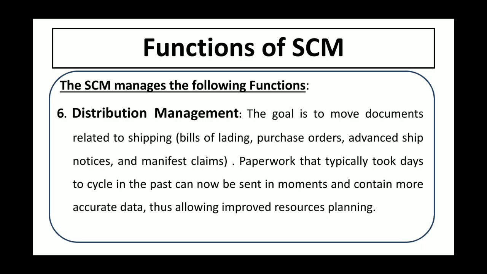Everything will be managed in this distribution management by the supply chain management system. Like from warehouses to the customer, the product has to reach. The transportation strategy, frequency, routes, and contracting, everything will be managed in distribution management.